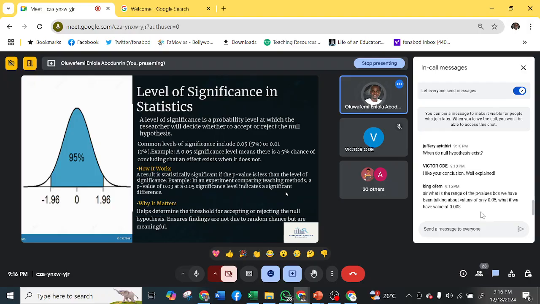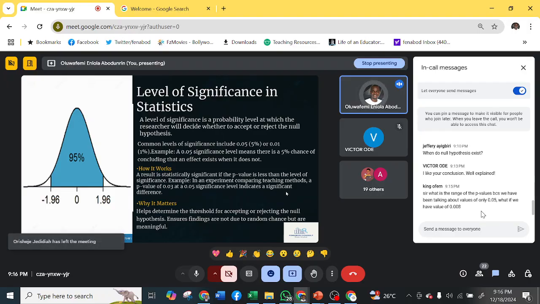So as a researcher, you can tell yourself that I want my research to be exceptionally accurate, so I am going to use a p-value of 0.0001. But remember, it must be realistic. And that is why they are given the chance. You see, theory is different from real life situations.